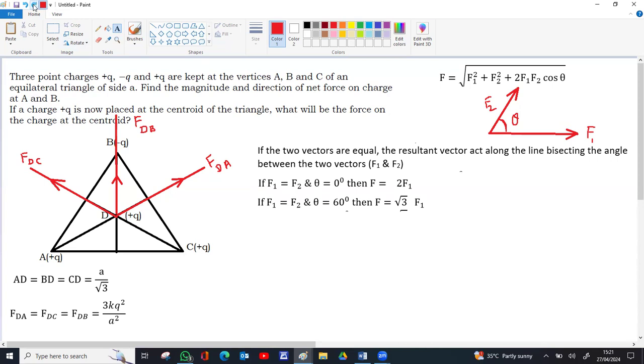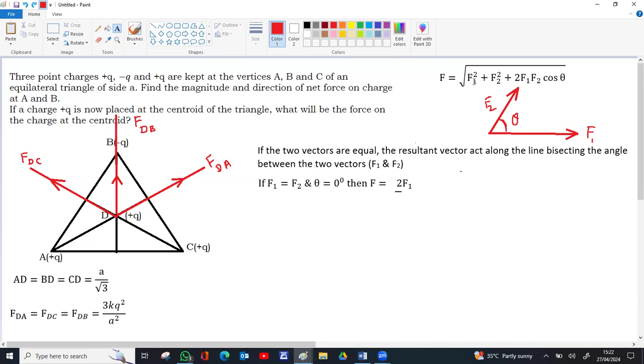Now we have some special cases. If F1 and F2 are equal and the angle is 0 degrees, there is nothing to do in vector addition, you can just add both. It will simply be F1 plus F2, since both are equal to F1.